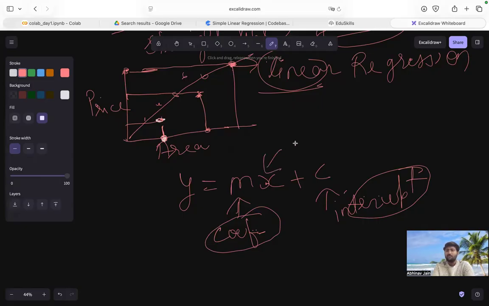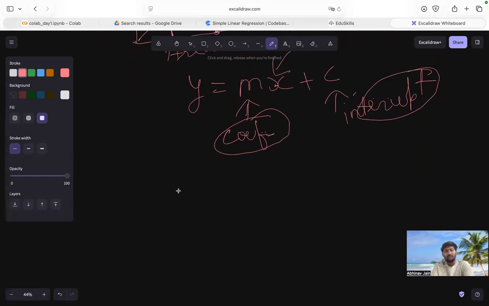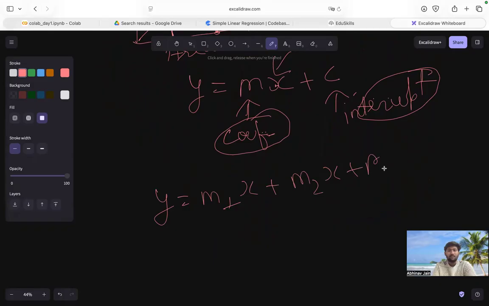You give me any x and I can predict the price. And there could be multiple x's too, right? m1 x1 plus m2 x2 plus m3 x3 plus c. There could be multiple factors which affect this y. This is how we write multiple linear regression.